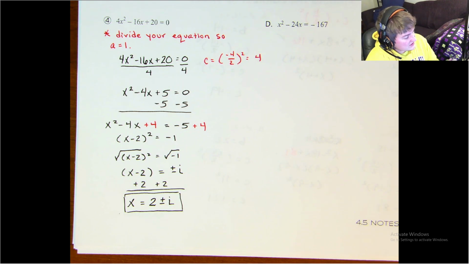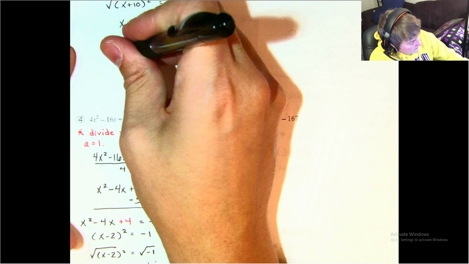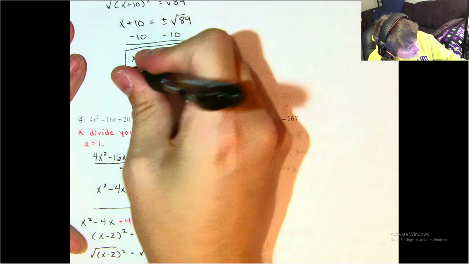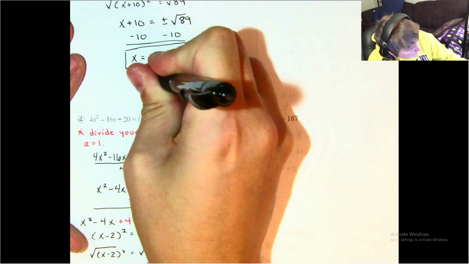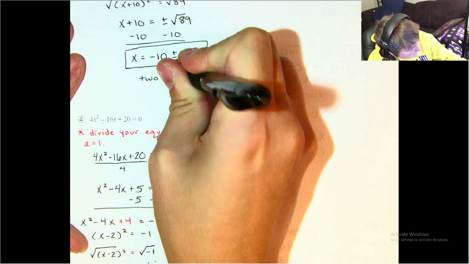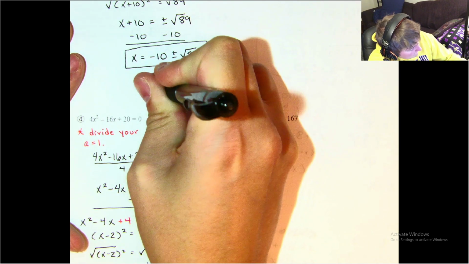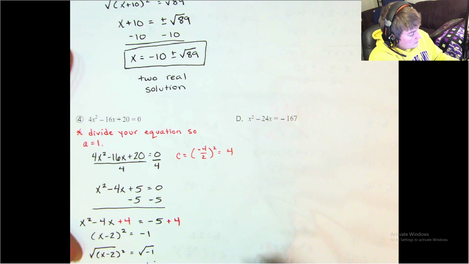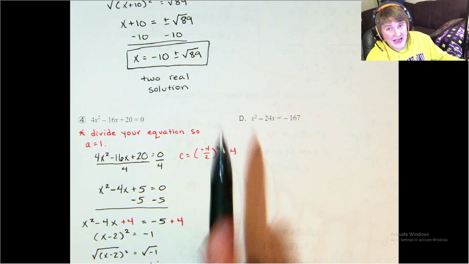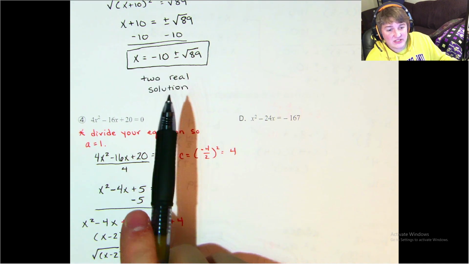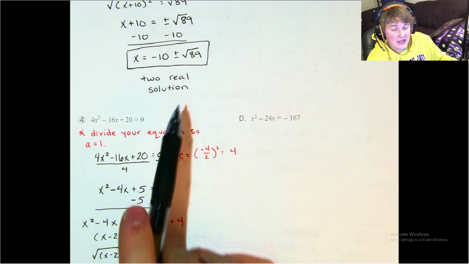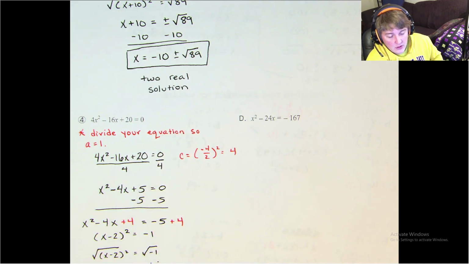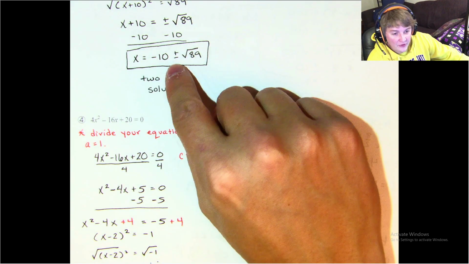Now let's think about this problem compared to the first one. The first one had 2 real solutions, because these are actual numbers. I can find where this parabola crosses the x-axis at these values. I can find those values on the number line.